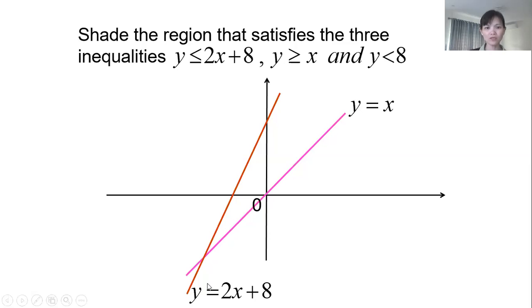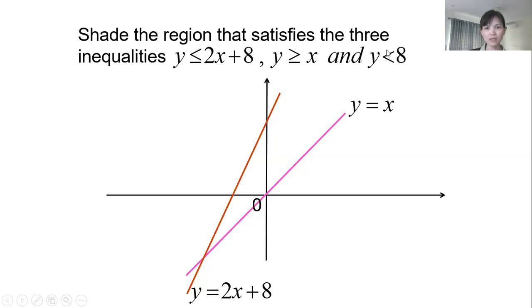From this one, we know that this is the y-intercept. y-intercept means that x must equal 0. So x equals 0, we substitute here, we will get y equals 8. So this point actually is 8. So we draw a horizontal line passing through 8 here.